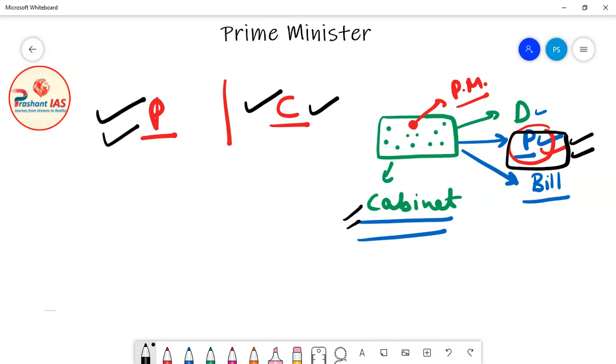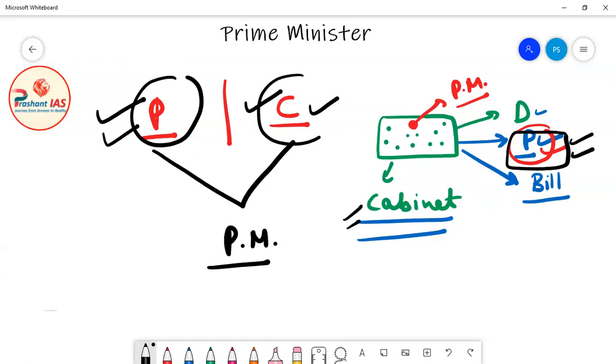So the answer to both of these questions is the Prime Minister of India. Prime Minister of India announces all the policies made by cabinet to the Parliament of India as well as to the people of India. So friends, this is the sixth power of the Prime Minister of India.